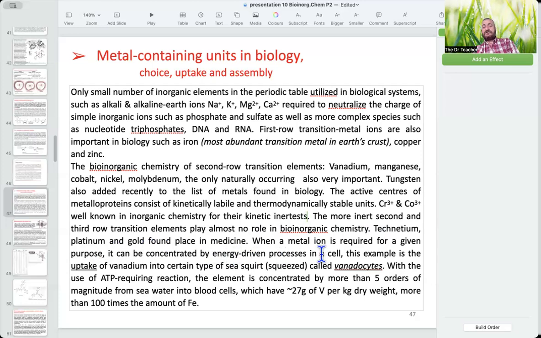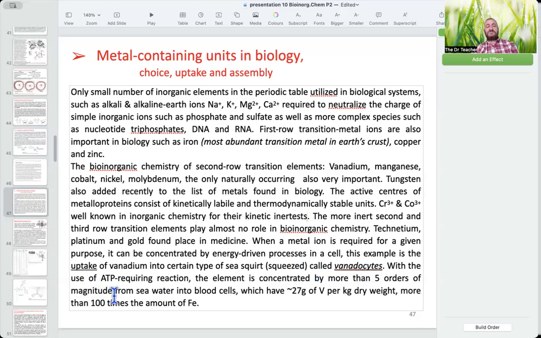When a metal ion is required for a given purpose, it can be concentrated by an energy-driven process in a cell. This example is an uptake of vanadium into a certain type of sea squirt called vanadocytes.